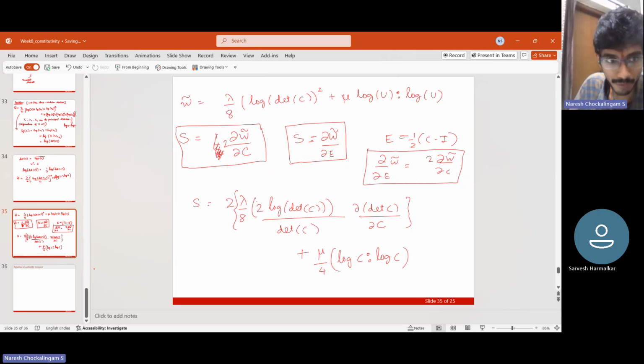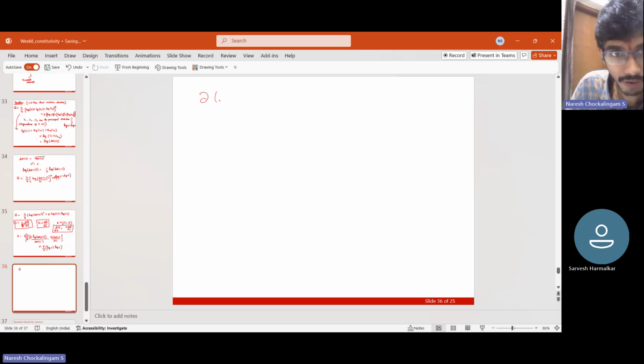So proceed further. If you look at this, you have this relationship. The derivative of the determinant of a tensor with respect to the tensor itself is nothing but the cofactor of the tensor. If you want to see how it comes, you can look at the material time derivative of the determinant.